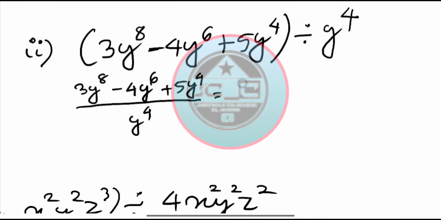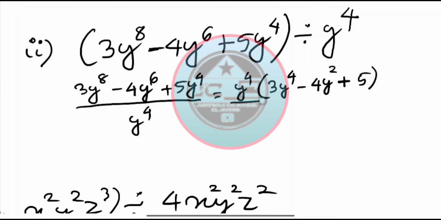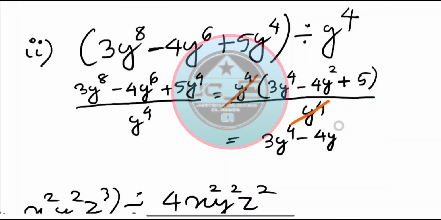We can see that y to the power 4 is common in the numerator expression, which is a polynomial. Taking y to the power 4 common, we are left with (3y to the power 4 minus 4y square plus 5) whole divided by y to the power 4. Now we cancel out y to the power 4, and we are left with 3y to the power 4 minus 4y square plus 5. This is the final answer.